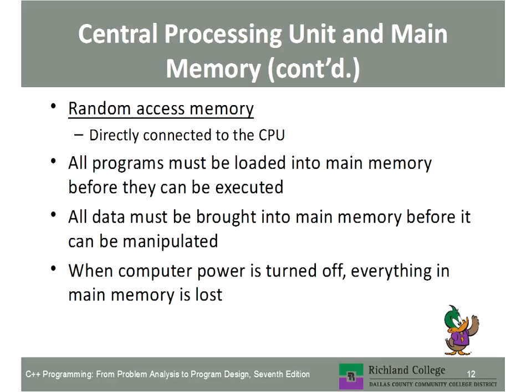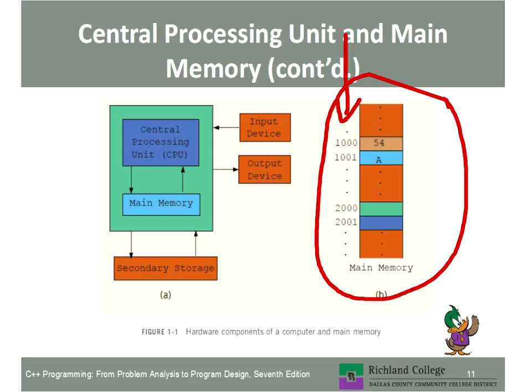Random access memory is directly connected to the CPU. All programs must be loaded into main memory before they can be executed. A computer program is not really a program until we load it. The process of loading means we take the code we wrote and load all the information into temporary memory.